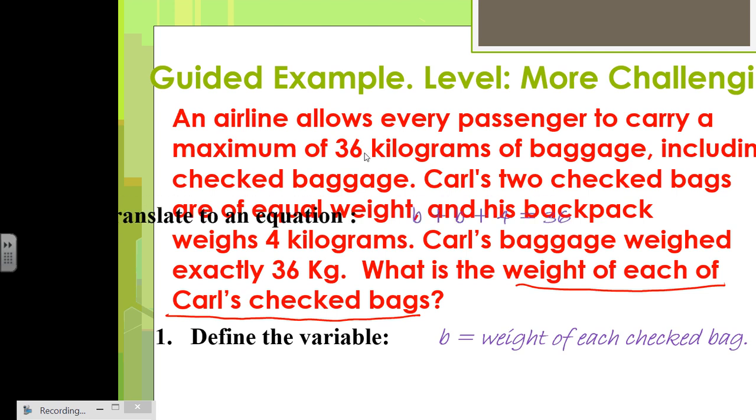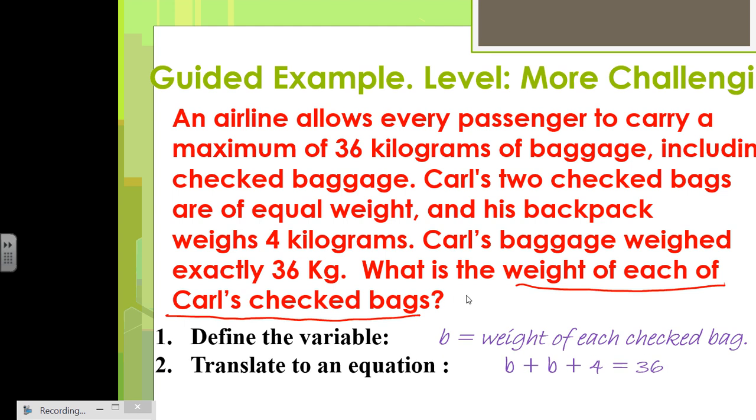So you can actually write B plus another B plus 4 equals 36, or you can simplify that by combining the like terms. B plus B is actually 2B. And that makes sense. He has 2 bags. He has 2 bags plus 4 is equal to 36. We've been modeling stuff like this for a reason, right?